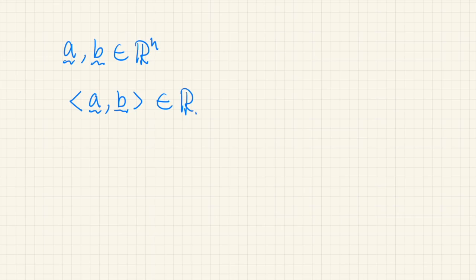We have already studied the scalar product. So let's say we have two vectors, A and B, in the n-dimensional vector space. Then the result of the scalar product is a real number, or a scalar. But unlike this scalar product, we can define another type of multiplication called a cross product, written like this.